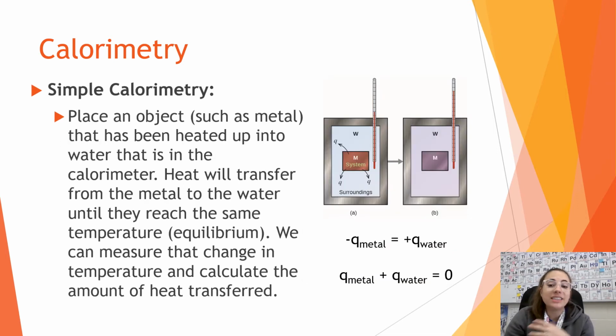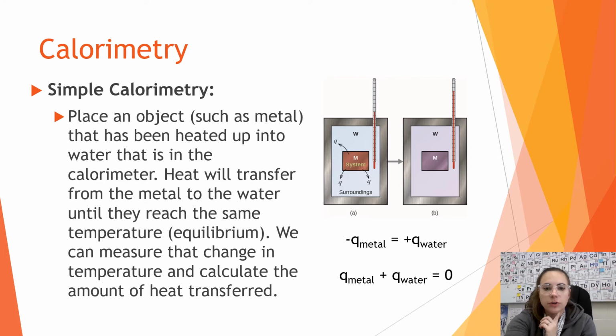So in simple calorimetry, like if you did do this in regular chemistry, you probably talked about using different metals, maybe finding the specific heat of the metal, or if you know the specific heat, you can determine the heat transfer. So we might place an object like a metal that's been heated up into the calorimeter, which is going to be filled with water.